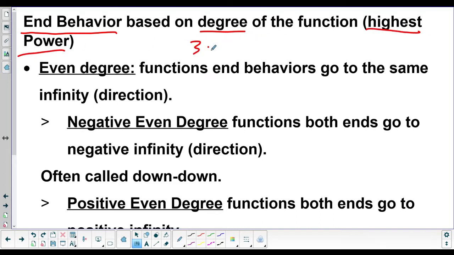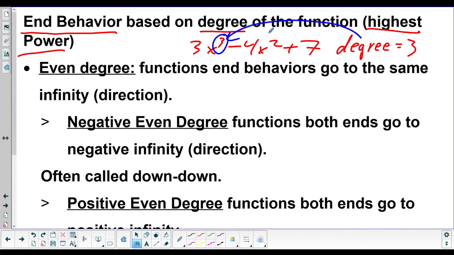So if I have 3x to the third minus 4x squared plus 7, the degree here is 3 because our biggest exponent is a 3. When we say degree, we're talking about the largest exponent on any of the x's.